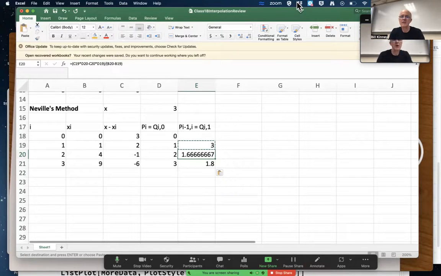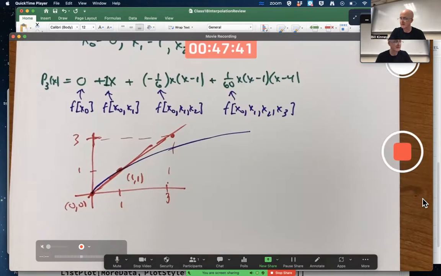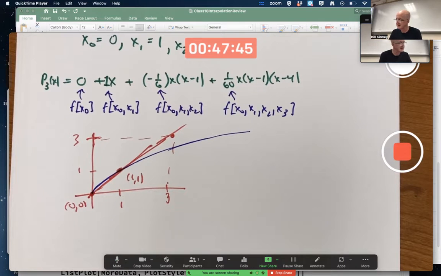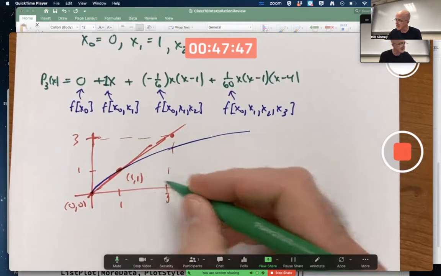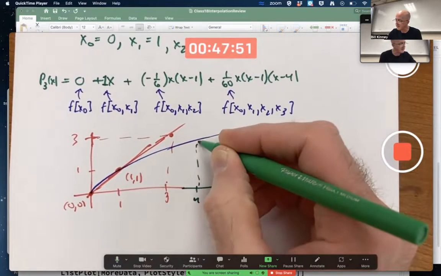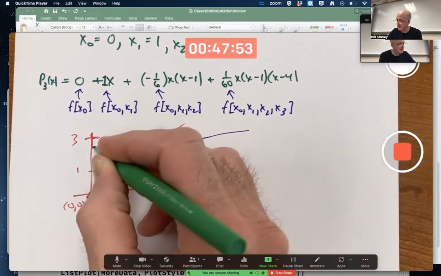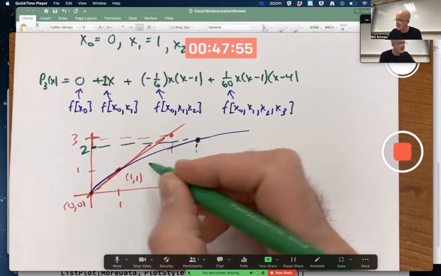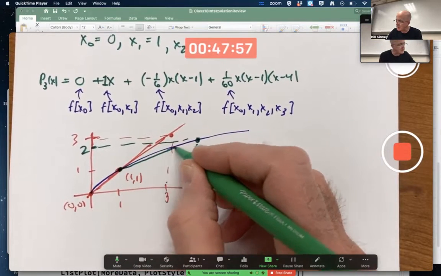1.6 repeating. These are all approximations to the square root of 3. Let's draw more pictures here. The second one, the 1.6 repeating, is taking the nodes at 1 and 4, where the output is 2, and using a straight line connecting those 2 points to approximate the function value at 3.